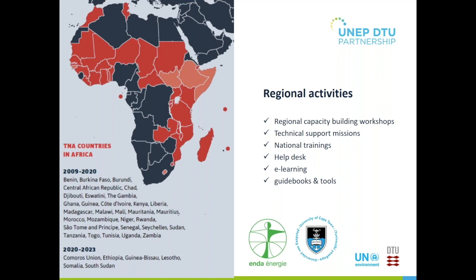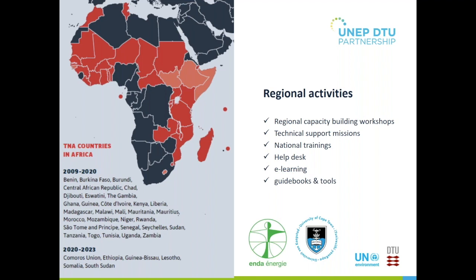Then we work with regional centers to support countries in the region. Hence, we work with ENDA Énergie, where we'll hear from Samba also later in this webinar. It's based in Senegal and supports the Francophone African countries. And we work with the University of Cape Town in South Africa to support the Anglophone countries.